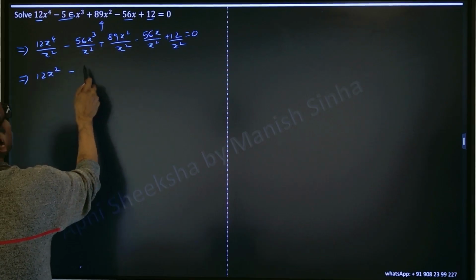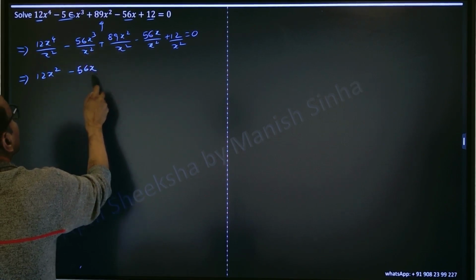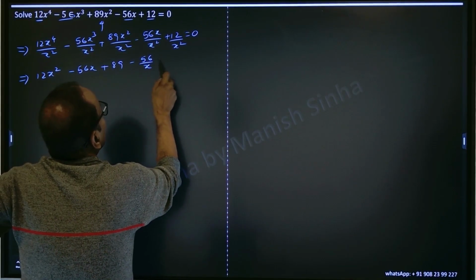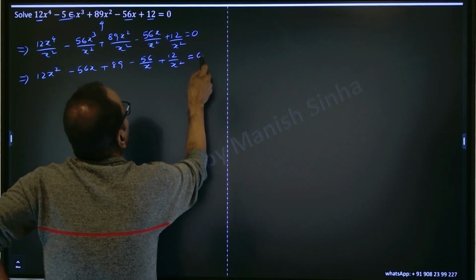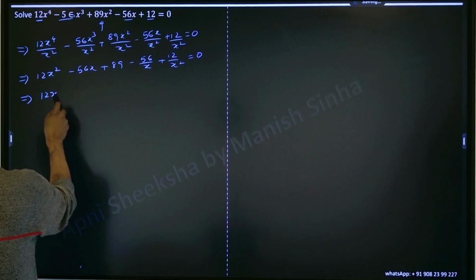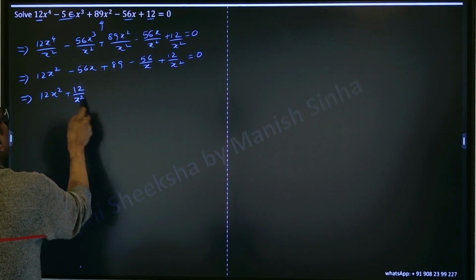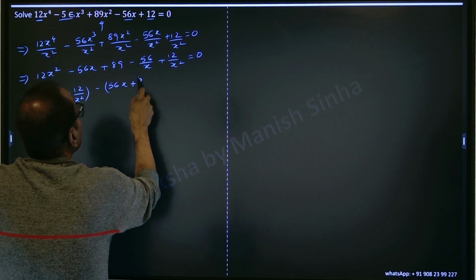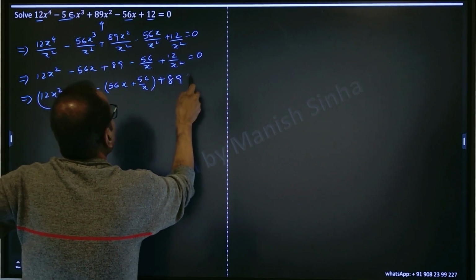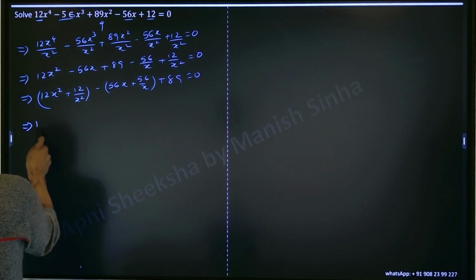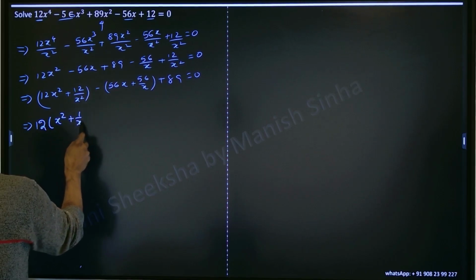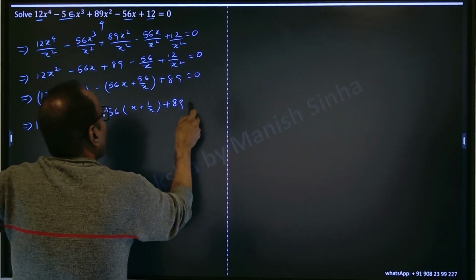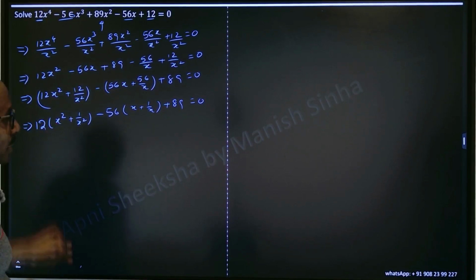12x square, 56x, 89, 56 by x. So from here, x square plus 1 by x square.